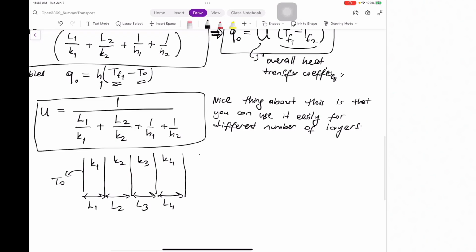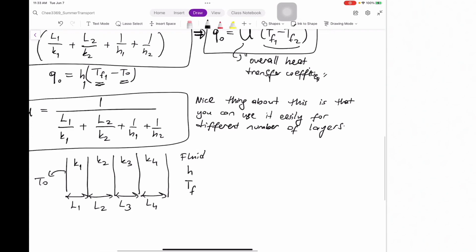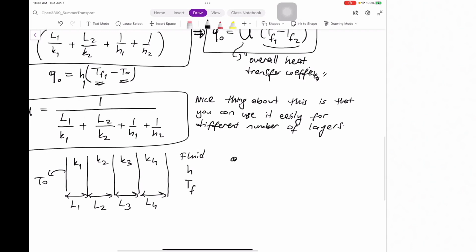And imagine that you have a fluid here with a heat transfer coefficient H and with a temperature Tf, right? So you can write down your equation, flux is equal to U, the overall heat transfer coefficient, times Tf minus T0, the temperatures at the 2 very opposite ends.